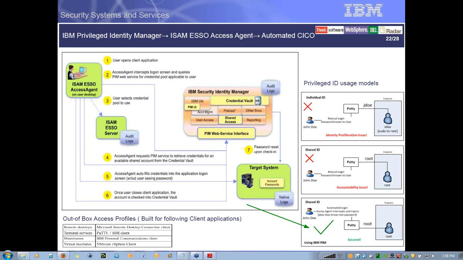The moment the user selects the pool, the access agent requests the PIM service to retrieve credentials for that pool. So whichever ID is available in that pool is returned back. Using that, the access agent automatically fills these credentials into the user screen or dialog. Once the user closes the client session, the account is checked into the credential vault. So that's what happens at a high level.